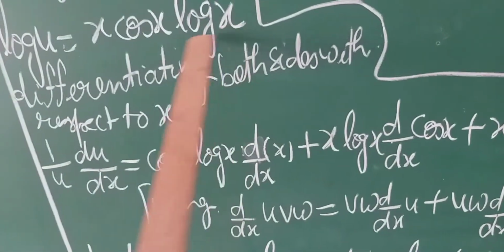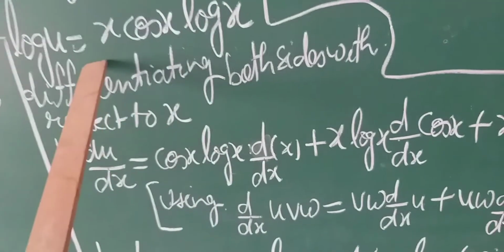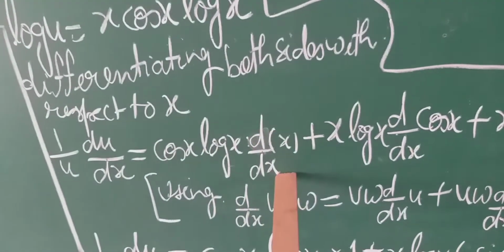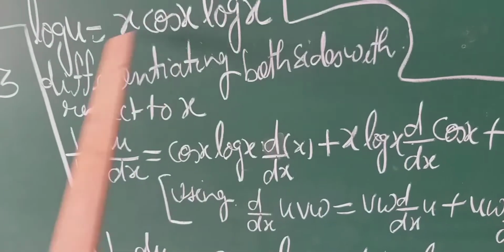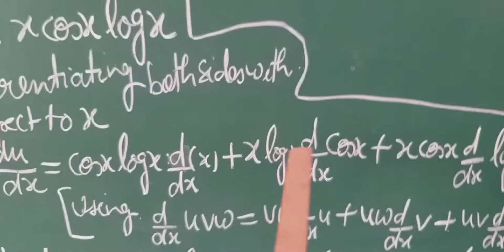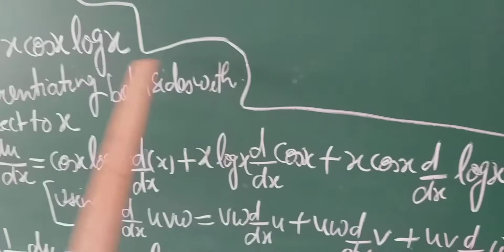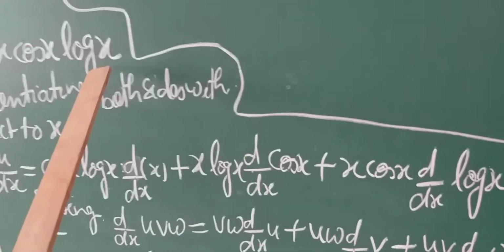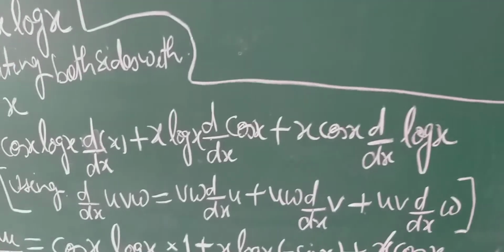Second and third parts will be written as it is, differentiation of first, differentiation of x, plus first and third parts written as it is, x log x, differentiation of second, differentiation of cos x, plus first and second parts written as it is, x cos x, differentiation of third part, differentiation of log x.